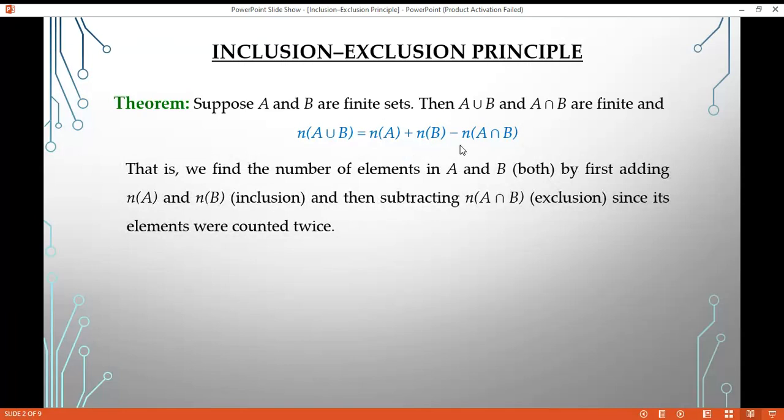And subtract the number of A intersection B, this is the exclusion, right? Why? Because these elements are counted twice. So this is our inclusion exclusion principle.